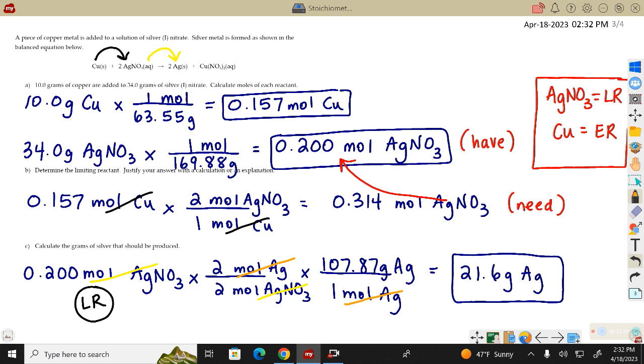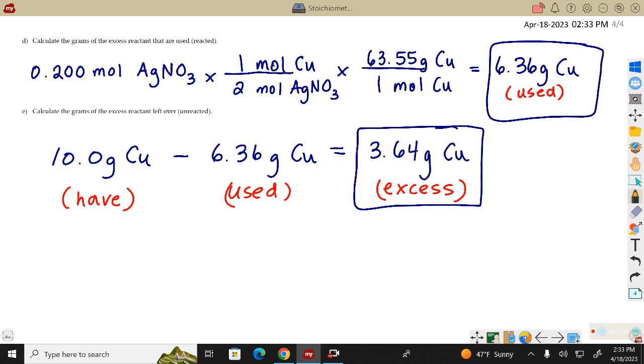So we're going to do almost the exact same calculation, but instead of turning it into a product, we're going to go from our limiting reactant to our excess reactant, which is the copper. But all calculations must start with the limiting. So again, I'm starting this the exact same way with that 0.2 moles of silver nitrate.